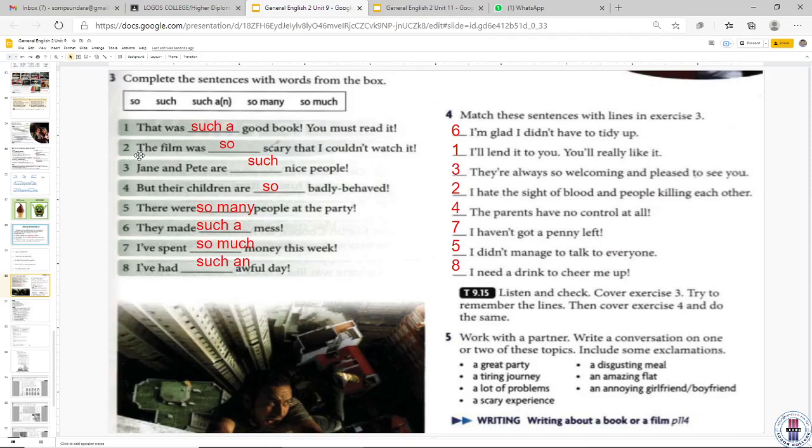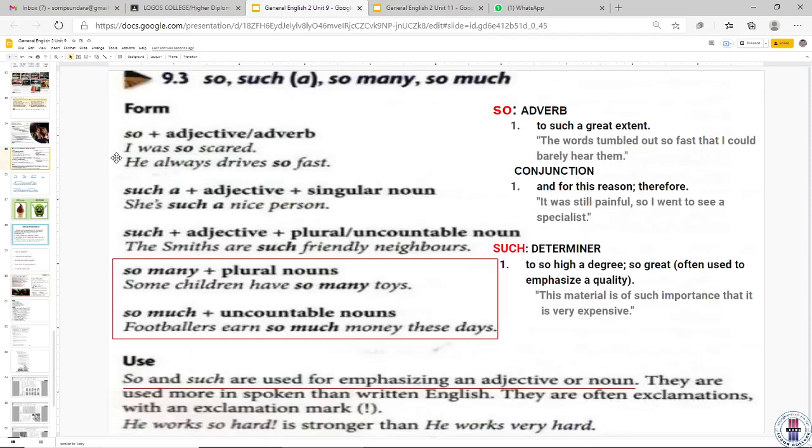Number two, the film was so scary that I couldn't watch it. So scary is an adjective, and you have nothing else here. So your rules are, you have to use so because you follow it with an adjective and nothing else.